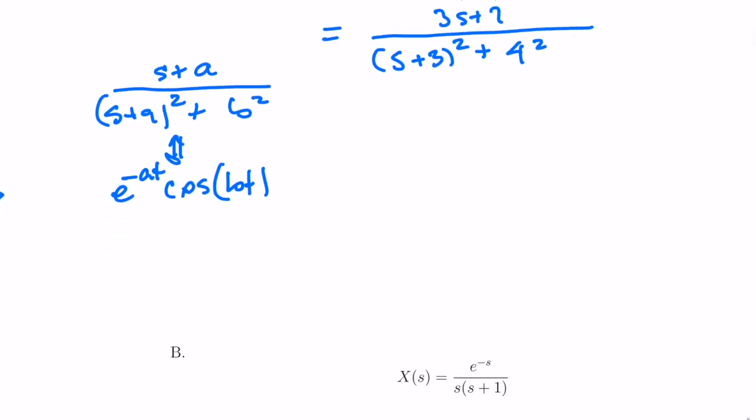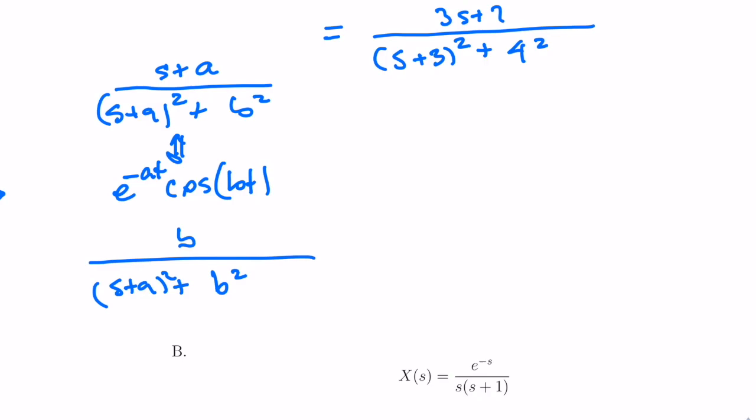And then the sine term would be b over s plus a squared plus b squared. That gives me sine. So I'm trying to make it look like that.